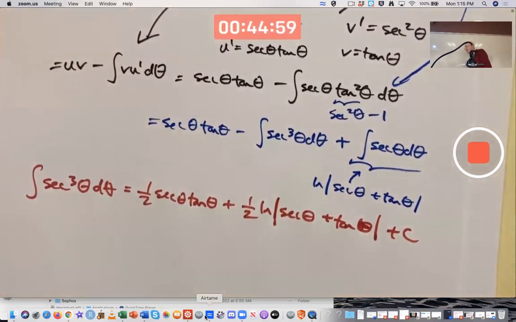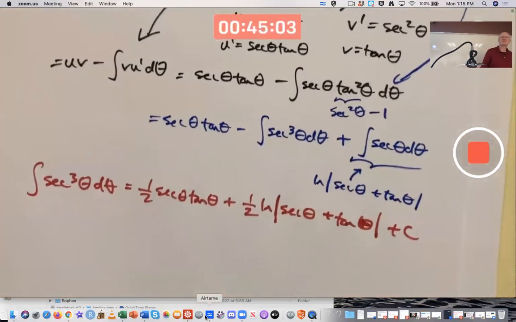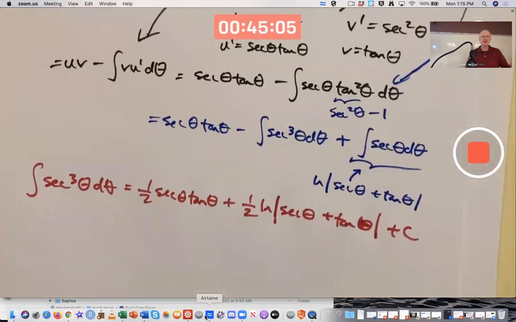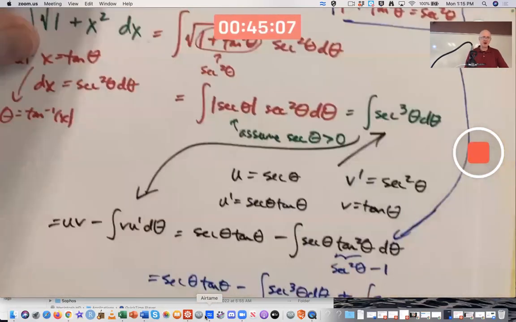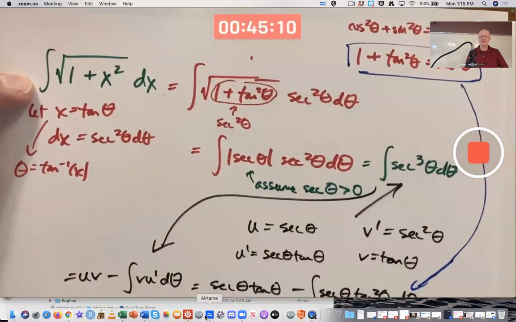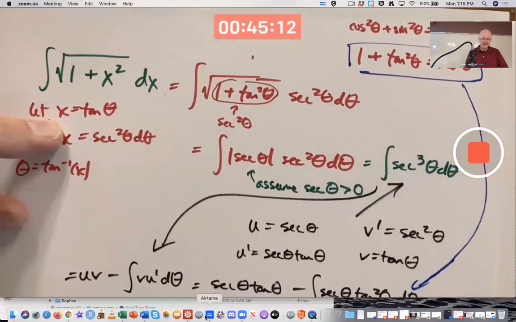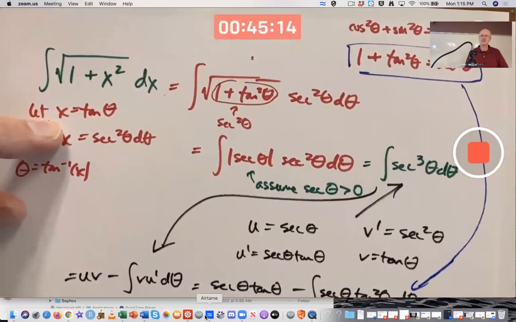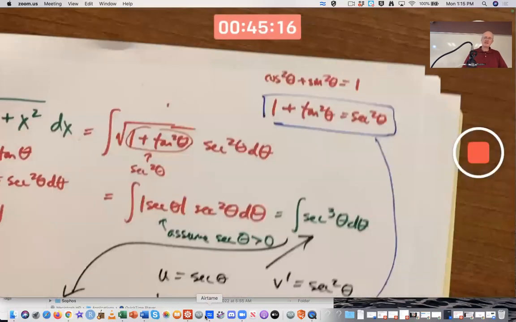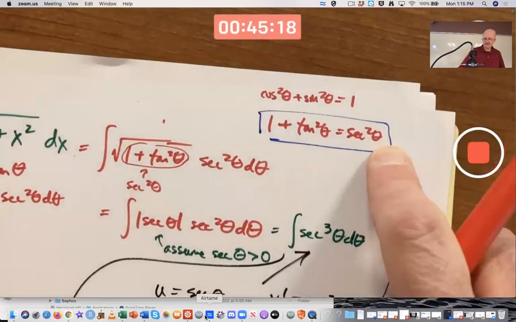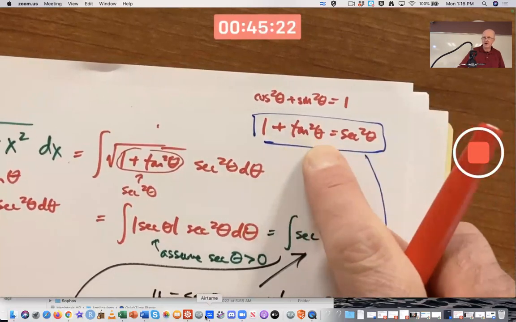But we're still not done, right? What are we still missing? Got to go back to x. That's the original problem right there. Replace any tangent thetas with x. Replace any secant thetas, look at this one equation, with square root of 1 plus x squared.